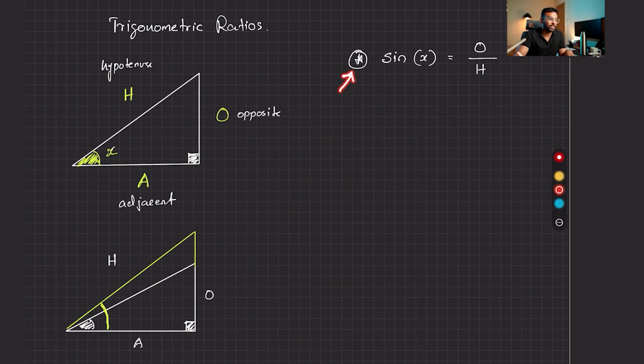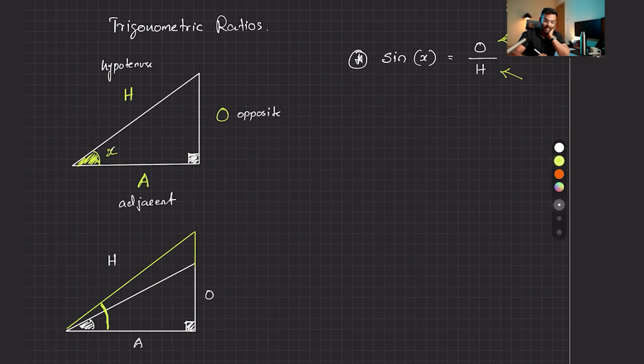That relationship is given to you by this trigonometric ratio. You will say O changes with H. The length of the opposite side, which is this length, will change with the length of the hypotenuse, that length.